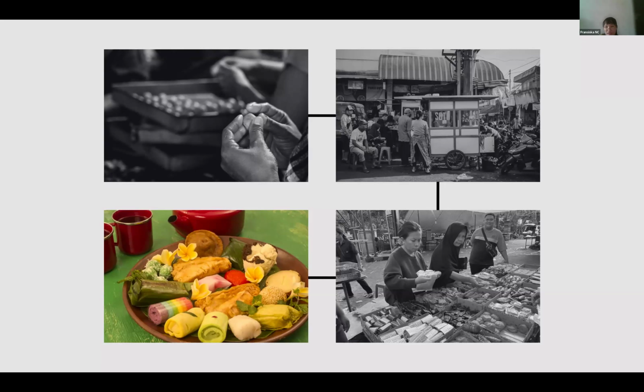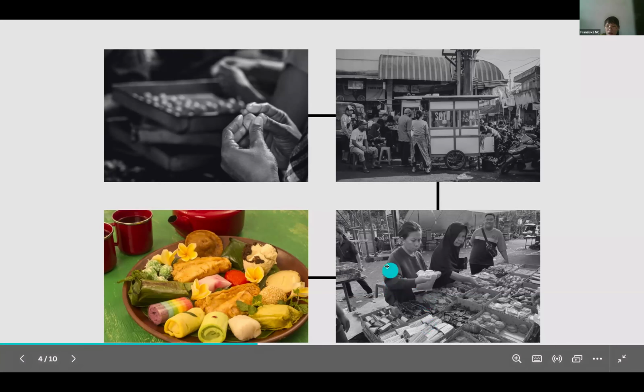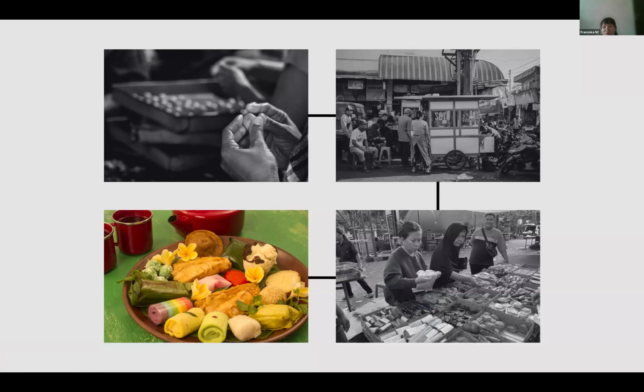Traditional snacks, or what most locals refer to as jajanan pasar, are different kinds of snacks from different backgrounds, ranging from sweet to salty, from basah to kering, sold in traditional markets or street stalls by locals for other people to enjoy.